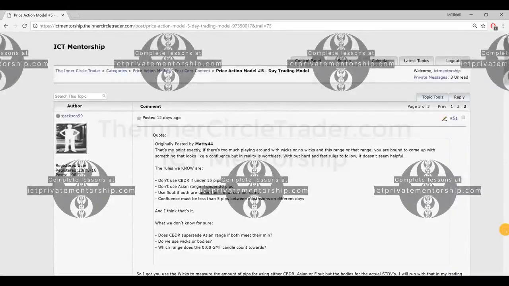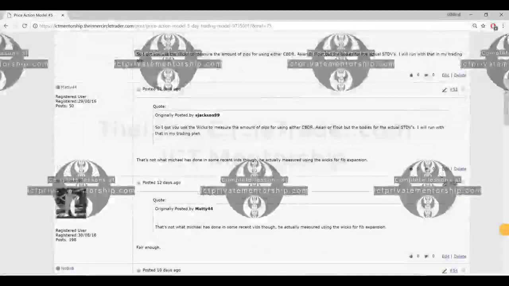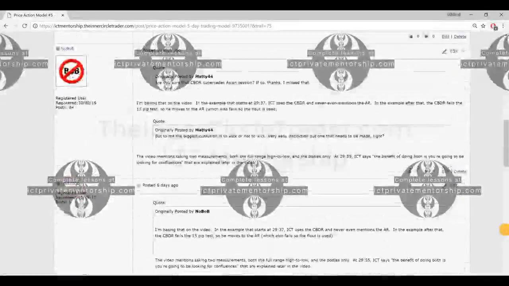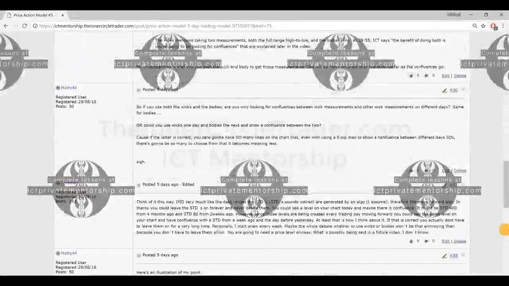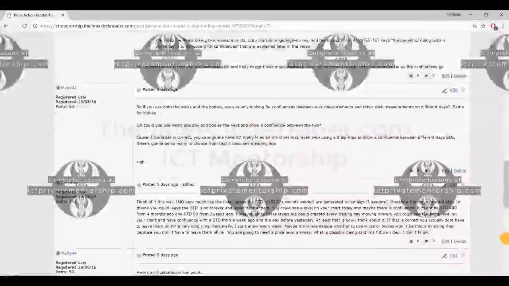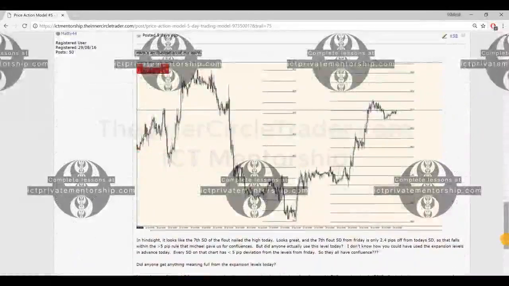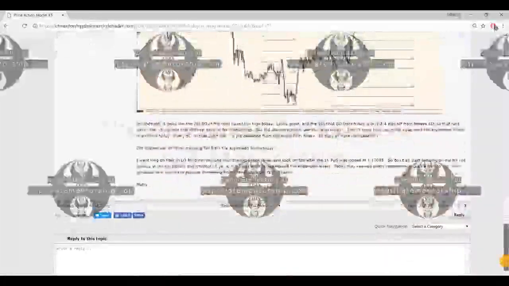If we go through to the end here, Maddie's still going on about the wicks and the body. So that's pretty much the point of this post.